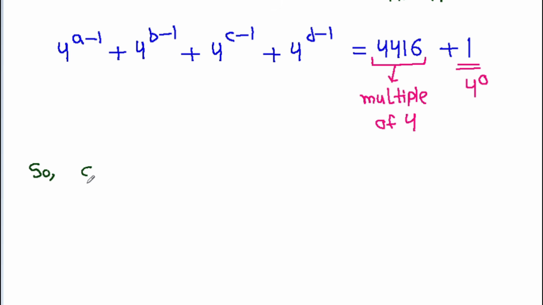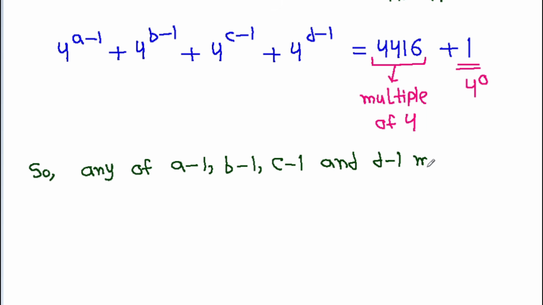So any of a-1, b-1, c-1 and d-1 must be 0, since the equation is symmetric in a, b, c, d.